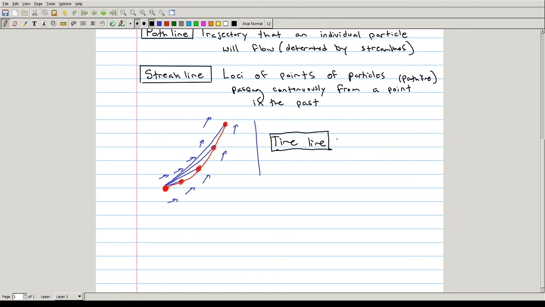These are the lines formed by a collection of particles. And you also might, in literature, see things that are known as the dye line, which could refer to either a streak line or a timeline, depending on the context. But the idea here is that the most complicated type of flow is flow that depends on time.